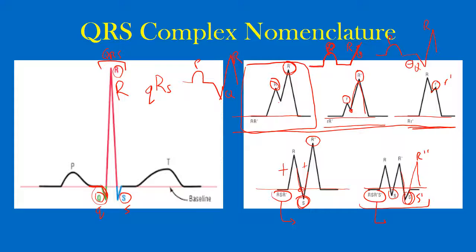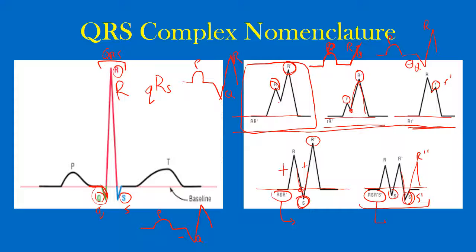Okay, before leaving this slide, let's just review this one more time because this always comes up as an area of confusion. So here we have a P wave. If it deflects down first, so if this is negative first, we can call it a Q wave.